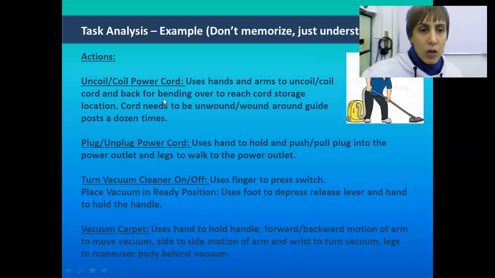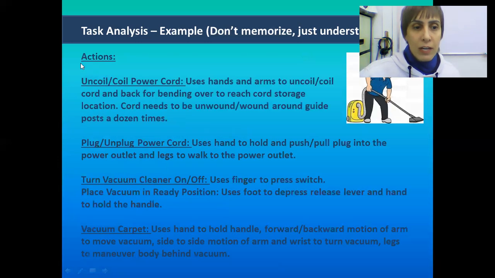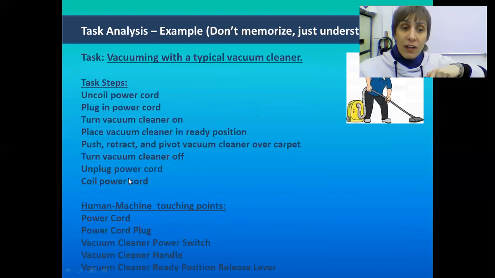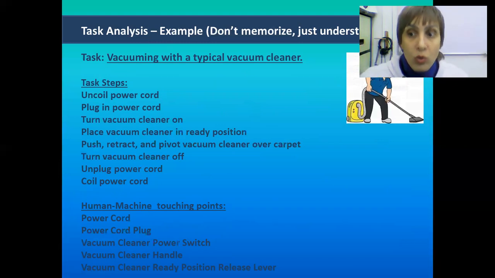For example, you take each one of these steps. For example, the first step, uncoil the power cord. Here, uncoil the power cord, and you explain the action, what's really happening. This is the task steps plus the human-machine touching points together. What do they do together?